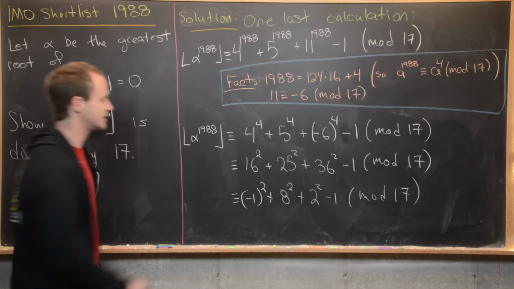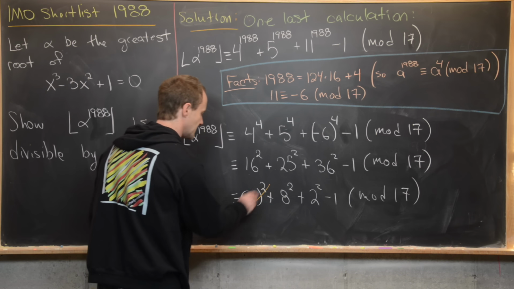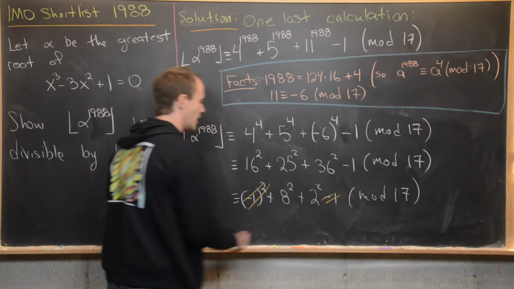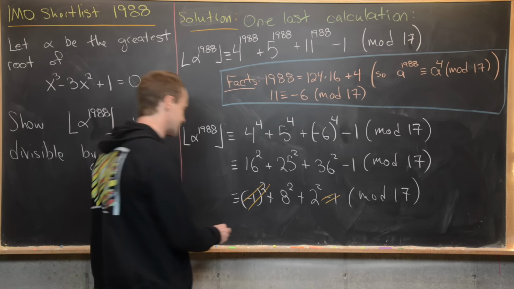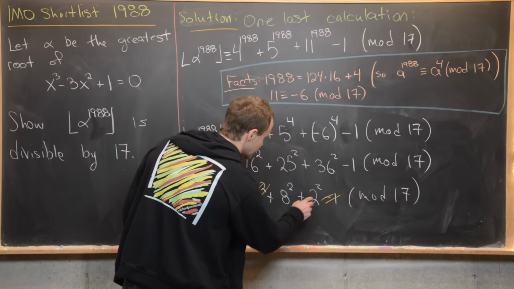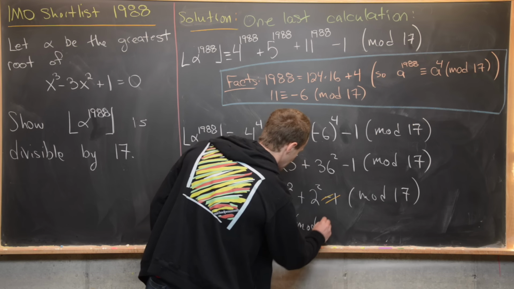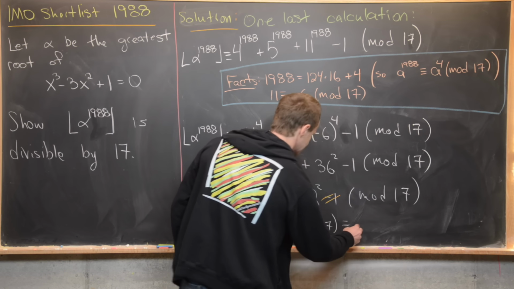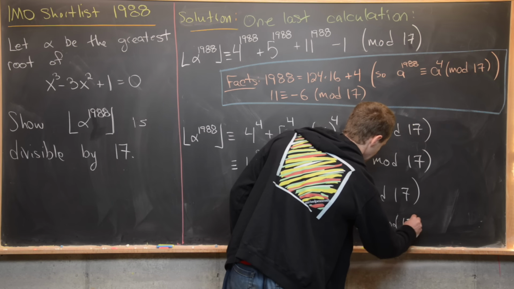And now we're essentially home free. We can see that -1 squared is 1. That's going to cancel with this 1 here. And then we'll have 8 squared is equal to 64. So here we have 64 plus, and then this guy is 4. This is all happening mod 17, but that is congruent to 68 mod 17.